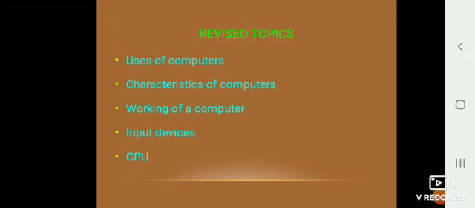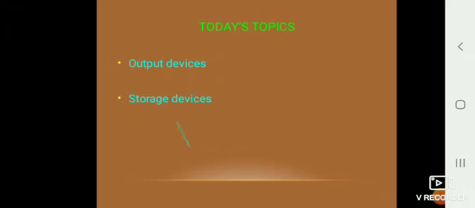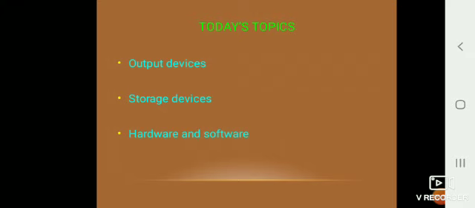Under CPU we discussed ALU, CU and MU, that is arithmetic logical unit, control unit and memory unit. Today we are going to learn about output devices, storage devices, hardware and software.